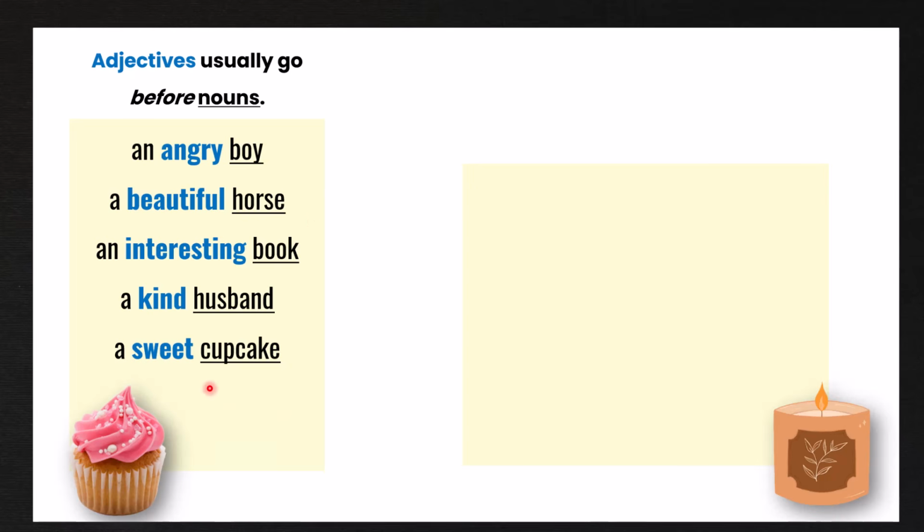You'll also notice if you use the article a or an, it will change depending on the adjective. For example, we would write a book because book starts with a consonant sound, but we write an interesting book because interesting begins with a vowel sound.